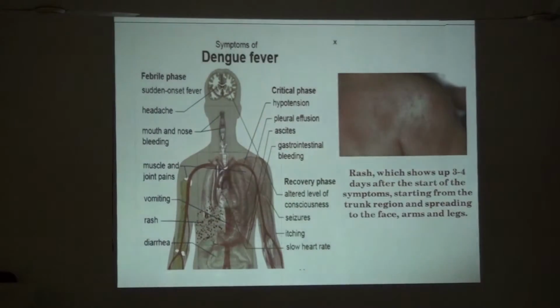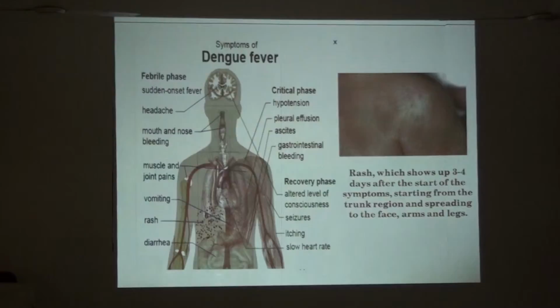The symptoms of dengue fever in the febrile phase are different from the critical phase and the recovery phase. In the febrile phase, there is sudden onset of fever, headache, mouth and nose bleeding which may or may not be present, muscle and joint pains, vomiting, rashes and diarrhea. In the critical phase, there may be hypotension, pleural effusion, ascites.